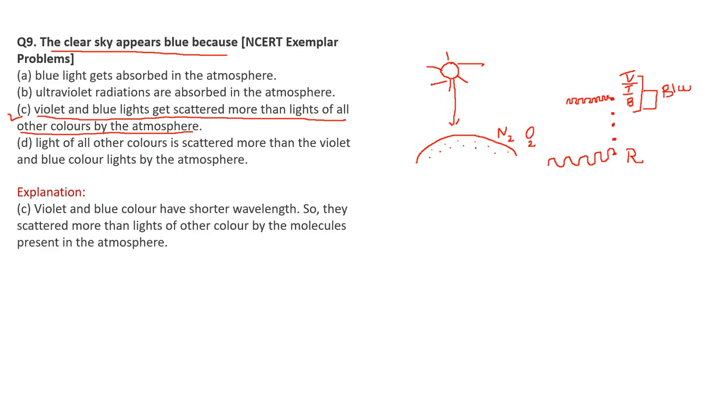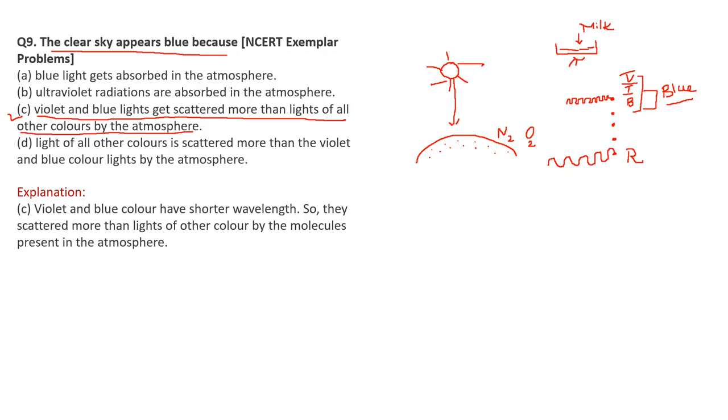You can do this experiment, children, at home. You can take a glass beaker, put water in it, and take a torch and allow the light of the torch to pass through the beaker. Now put some milk in it and stir this solution. Then you observe the color of the light.